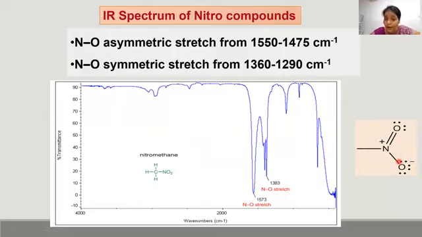Two bands are observed for the nitro group: the asymmetric stretch appears at a higher vibrational frequency, 1550 to 1475 centimeter inverse, and the symmetric stretch from 1360 to 1290 centimeter inverse. So in nitro compounds, two bands in the range of 1500 to 1200 of different intensity are observed.